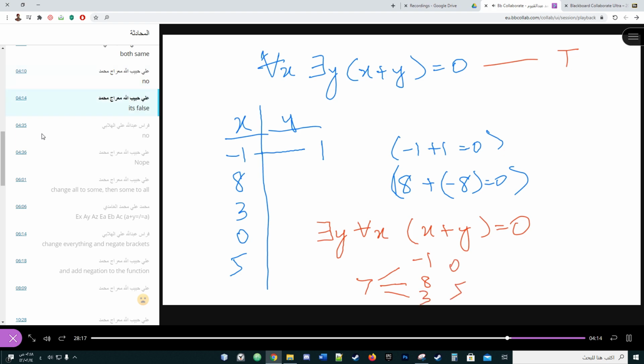Is that true? There is at least one y for which all of x plus y equal to 0. So it is false. I cannot use 7. So is there any other y for which all of x plus y is 0?